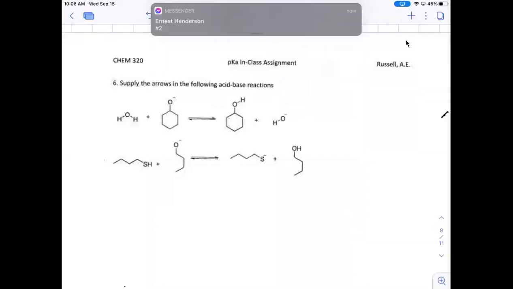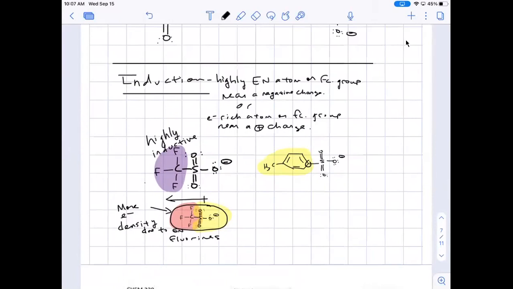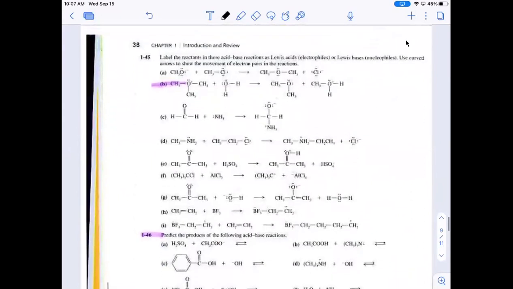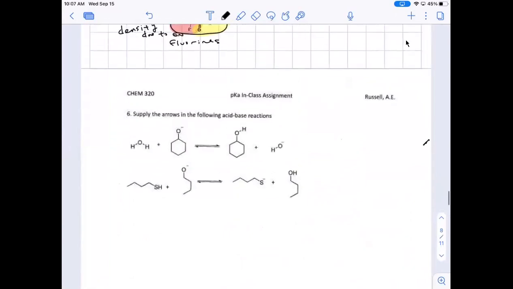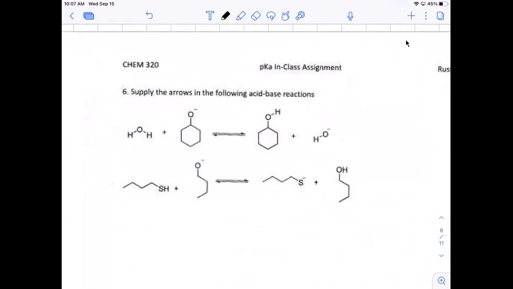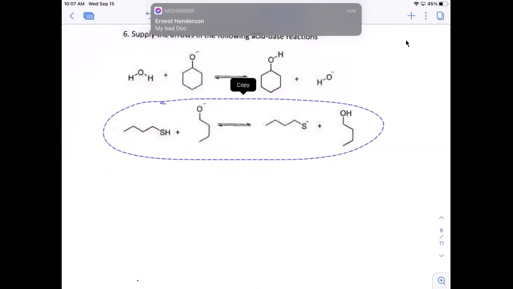Right. So we're gonna go back. We talked yesterday about the factors that affect pKa. We're gonna do a bunch of those examples later today. But right now, I want to take a little bit of time on these examples, and let me cut this out and wipe this out so I can put some room down here.